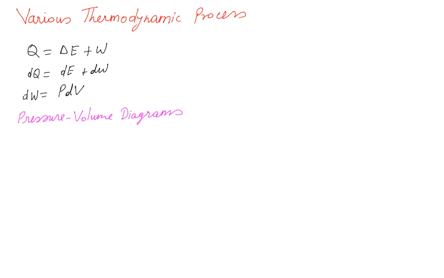So let's say you have an isothermal process, which means a constant T process, where temperature remains constant. If you draw how pressure changes with volume, let's say you set up an experiment so that the system is sitting on top of a furnace.